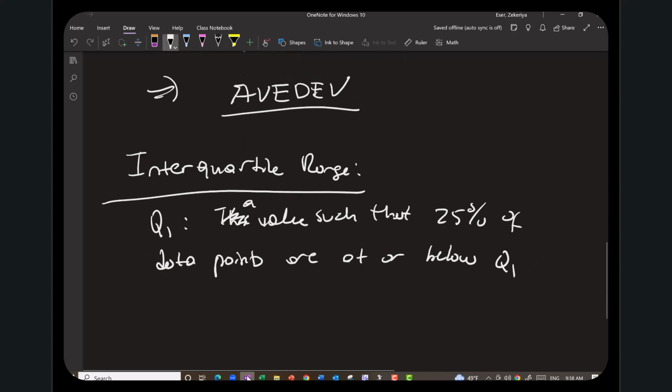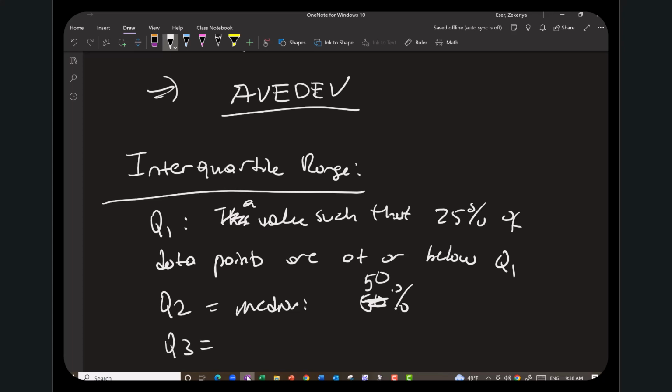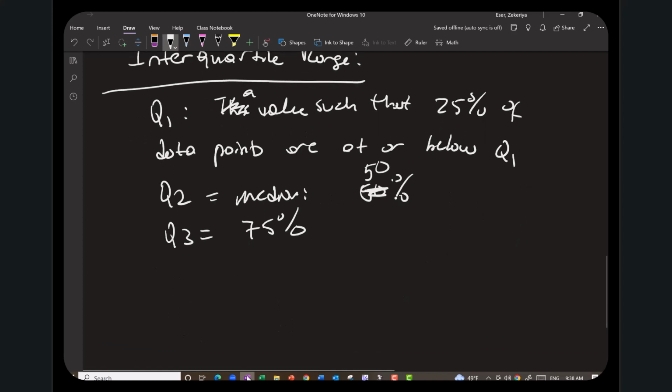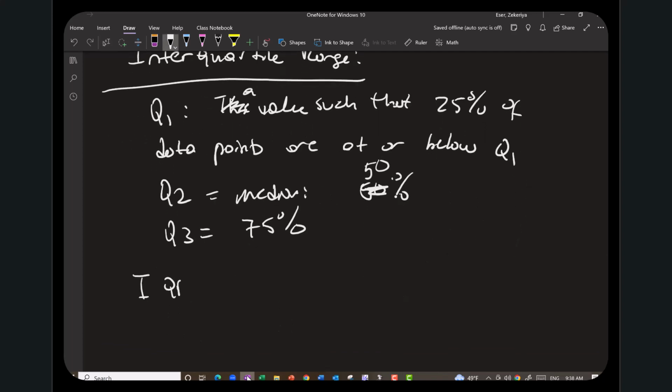You probably realize that Q2 is actually equal to the median. Q3 is where 75% of the data points are at or below that one. The IQR is Q3 minus Q1, right?